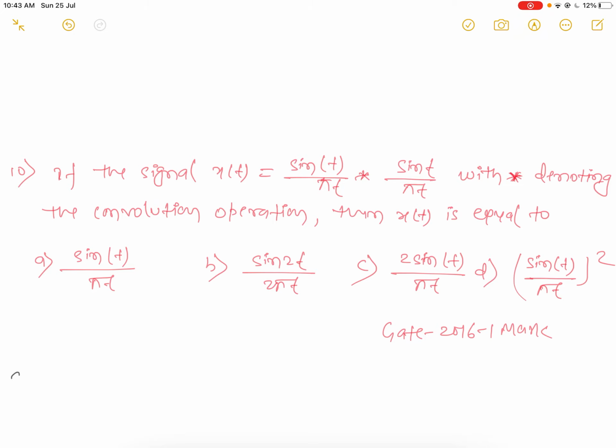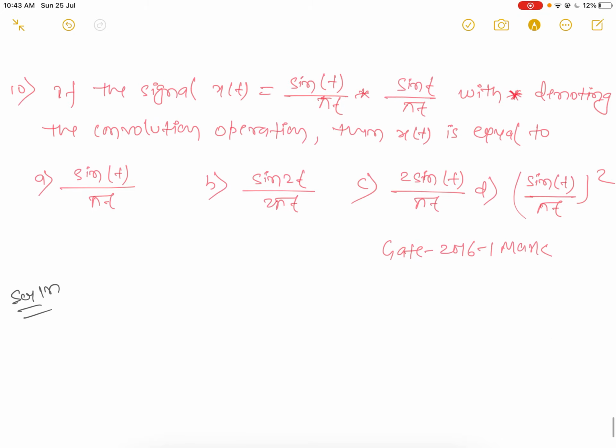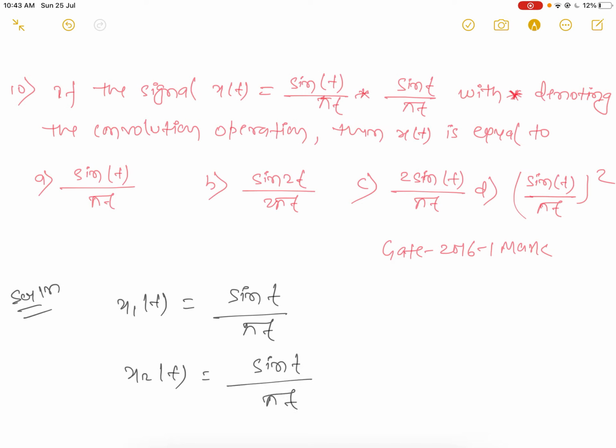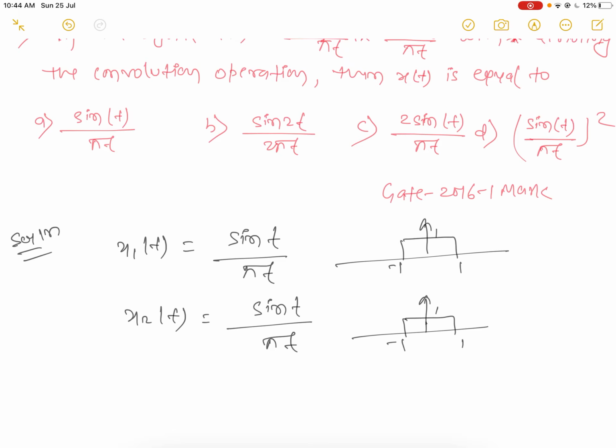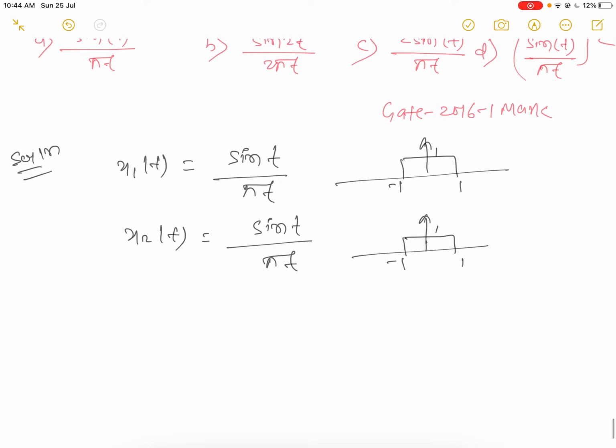Okay, solution. We know that, let us consider x1(t) is equal to sin t upon pi t, and x2(t) is equal to also sin t upon pi t, and its Fourier transform will be 1 with magnitude defined from -1 to 1, and this one also -1 to 1 with magnitude 1. Convolution in the time domain is multiplication in the Fourier domain.